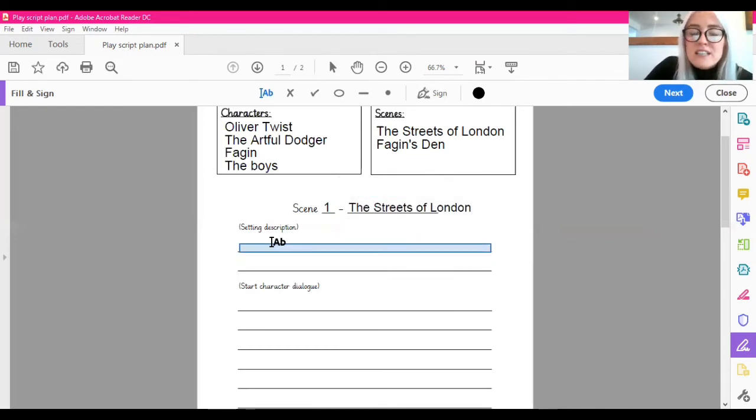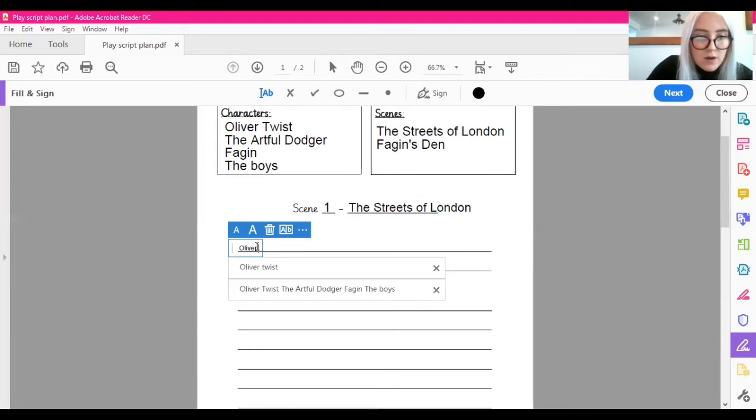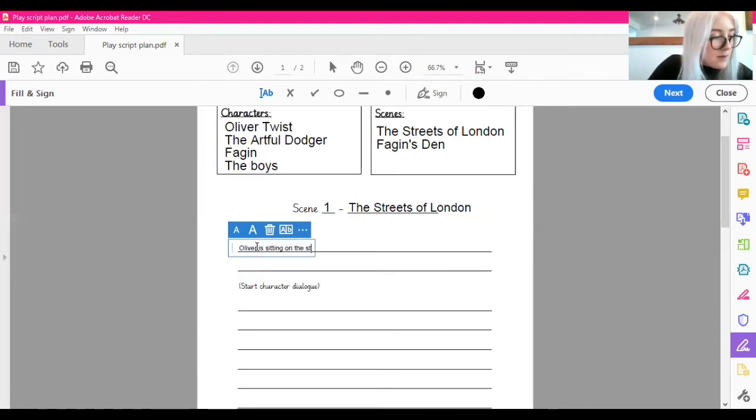Now I'm going to write a setting description, just a brief one. This just opens up the scene and shows the actors and people in the play what is happening at the start of that scene. So, Oliver is sitting on the step and is feeling cold, hungry, and lonely.